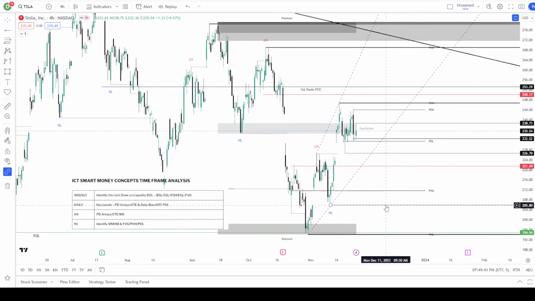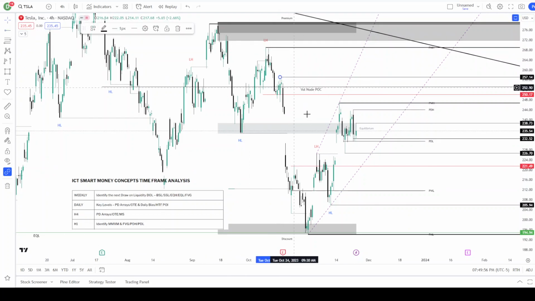So we got sell side liquidity here. Okay, we have buy side liquidity here in our swing points. We have Wednesday's range. We have Friday's range. Okay, so it looks like we got everything marked off. We could mark off right here some buy side liquidity there as well.